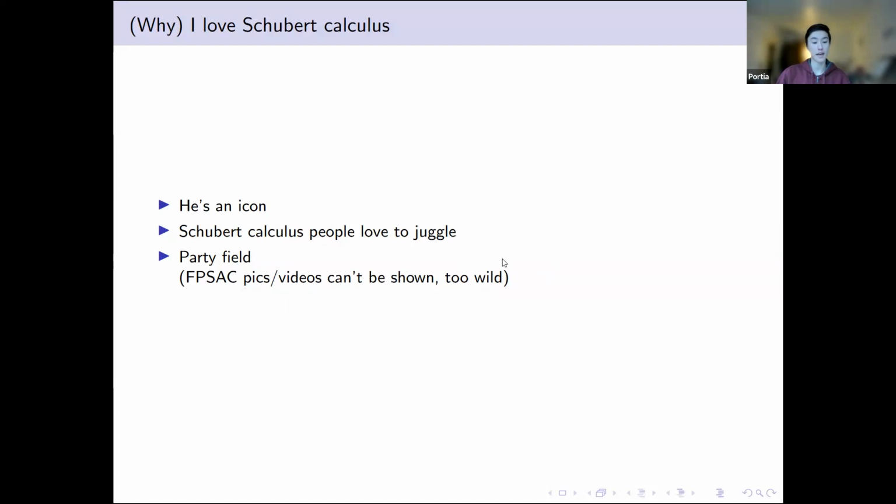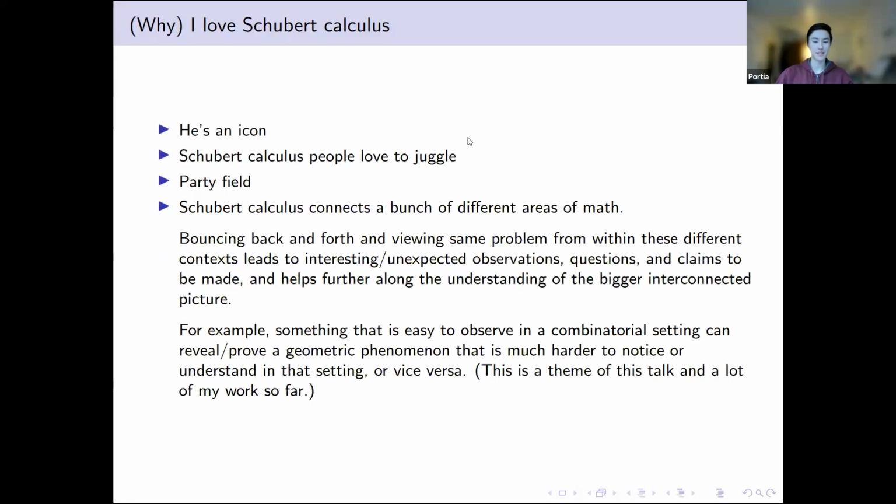I can't actually show that, but let's make Schubert calculus the party field of math. It's like work hard, play harder, because I do work hard. Mark Denker says, thank you for not sharing the FPSAC videos. Yeah, I know, right? Okay, somebody said something. I don't know what that says.